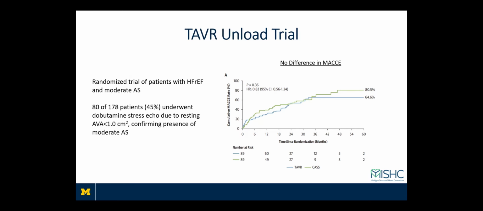And what's interesting is that about half of patients that were enrolled in this trial actually had a resting valve area of less than 1, and they qualified because by dobutamine echo, they had pseudo-severe AS, where the aortic valve area increased into the moderate range.